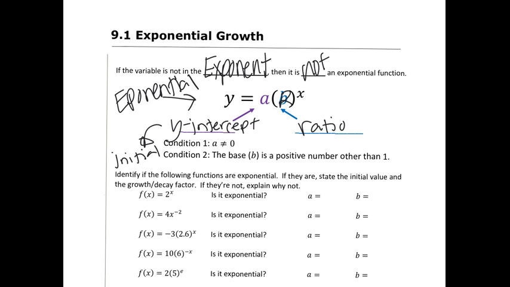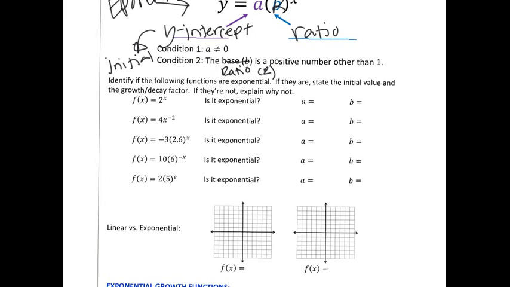Some conditions: A cannot equal 0, and the ratio R is a positive number other than 1. So R will never be negative. Let's look at these examples.